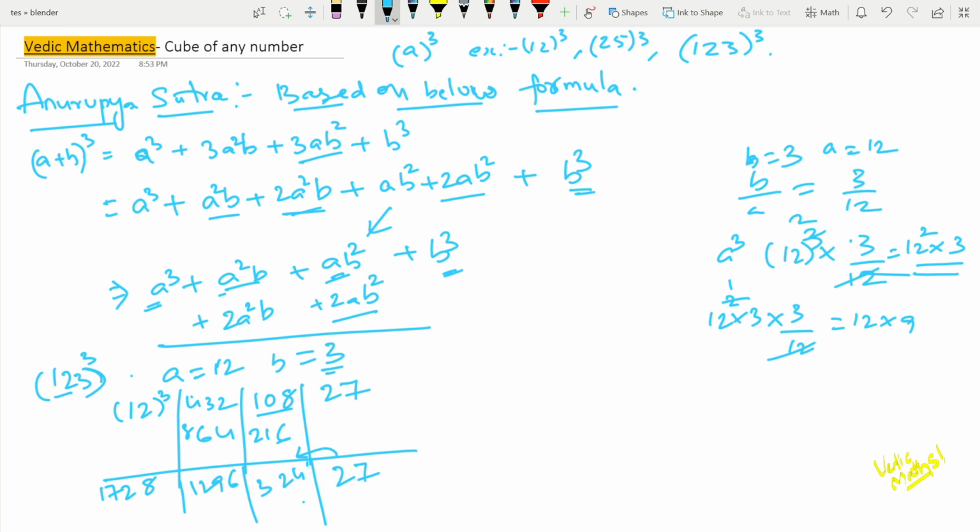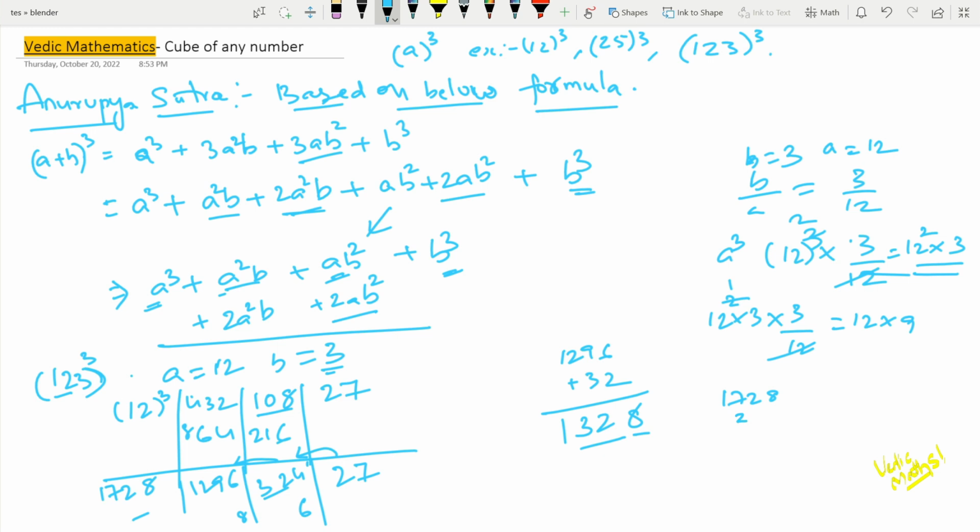So you keep the 6 over here and carry the 32 over here, right? So 1296 plus 32. Now you add these two numbers and you have 1328, correct? So you keep this 8 over here and carry over 132 to this number, correct?